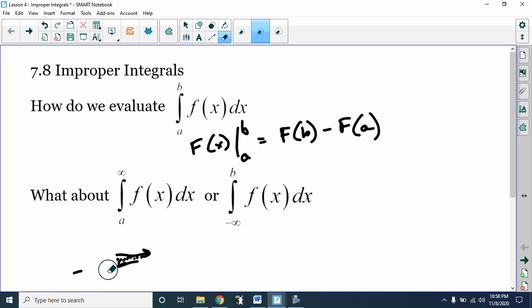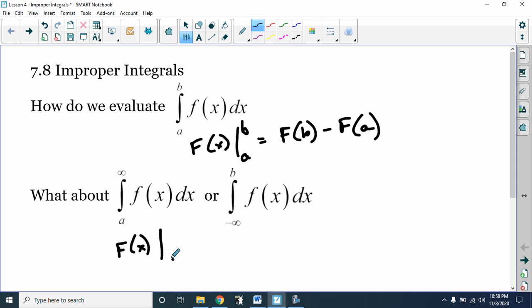So we need to take a look at what we need to do if we have an infinity up there or down here. That is one type of improper integral, if you have an infinity in one or both of your bounds. And we're going to start out the same way. We're going to integrate f of x, and we can still write it as a and infinity here. But we can't evaluate F of infinity.